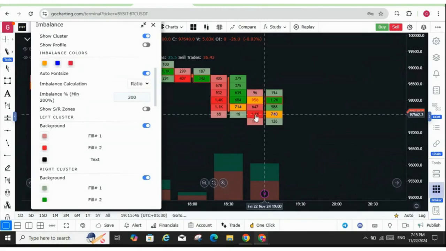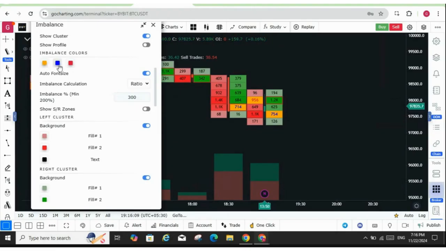By the way, you are not comparing like this. You are always comparing diagonally, like this. Here you see 71 and 468. This is the diagonal. Here you see 194 and 956. So this is the sell side imbalance, shown by the yellow color.